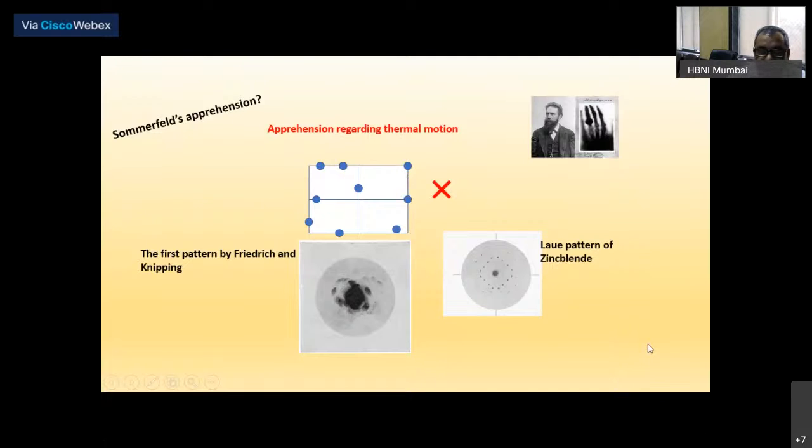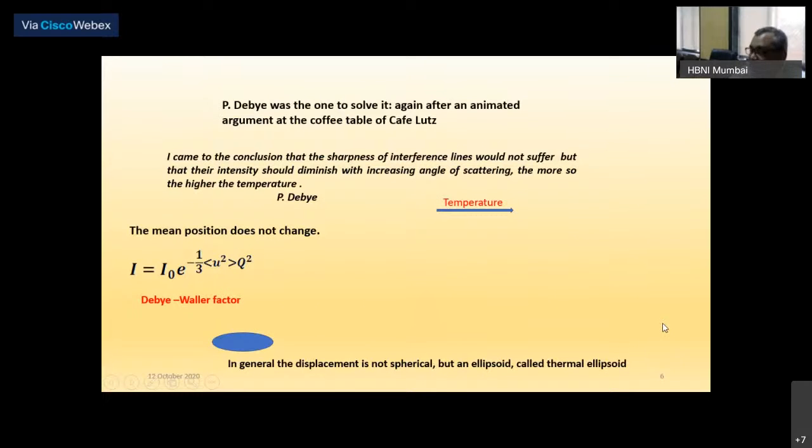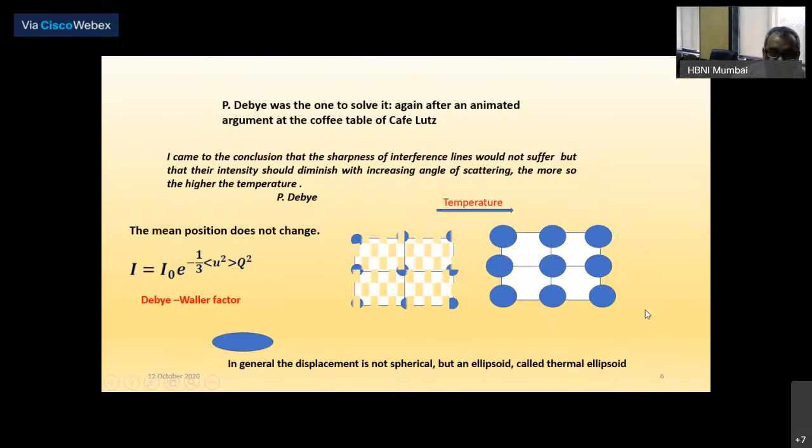But how does it happen? I was trying to explain to you that when you heat a sample, when a sample comes to a finite temperature, the lattice is not destroyed, as Debye said. But what happens is that the atoms and molecules, because of thermal motion, spread out more around their mean position. So as if you have got a larger scatter compared to a smaller scatter.